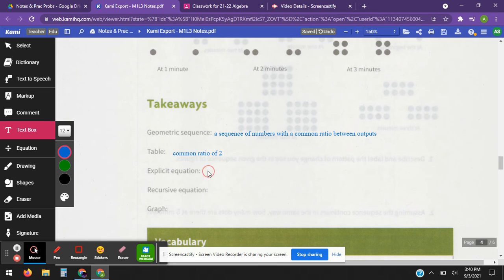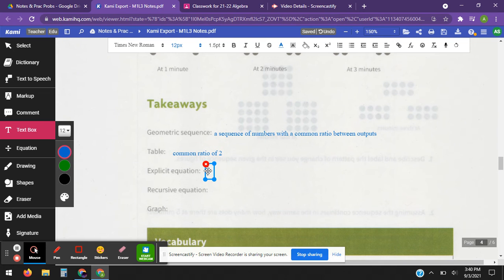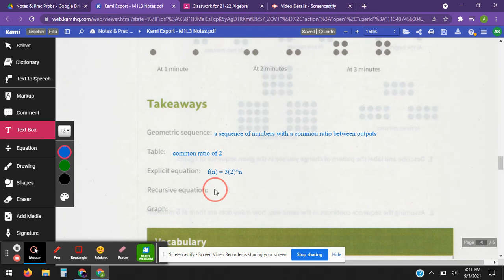Okay, the explicit equation. What that looked like was f of n equals, and we knew we had a 3 times 2, and we do the little caret, as we call it, to the n power. So that's how we show our exponent on here.